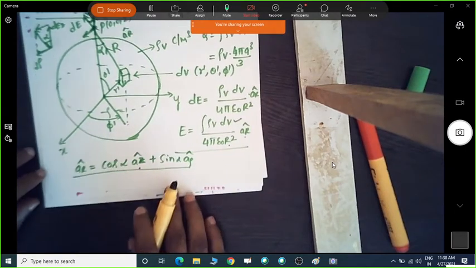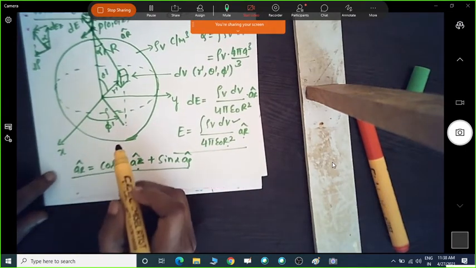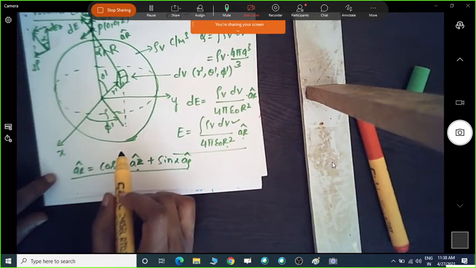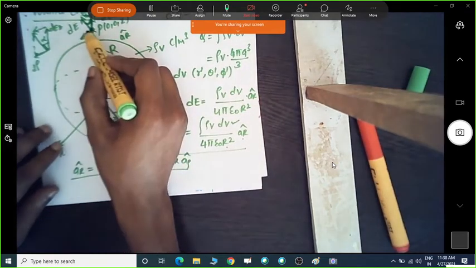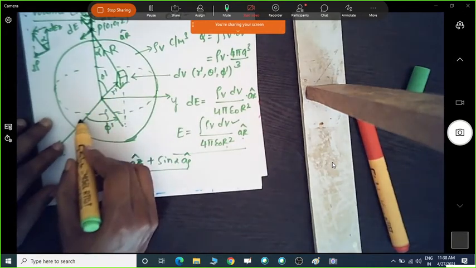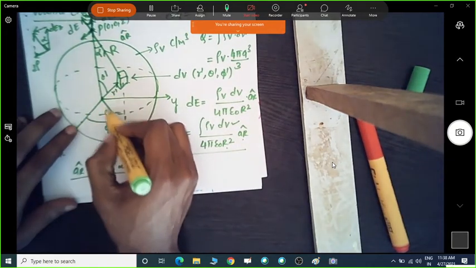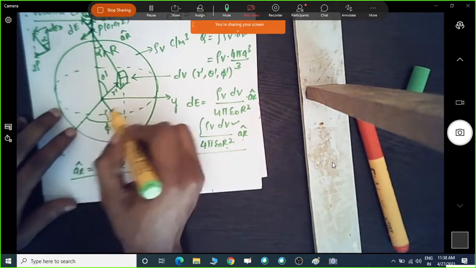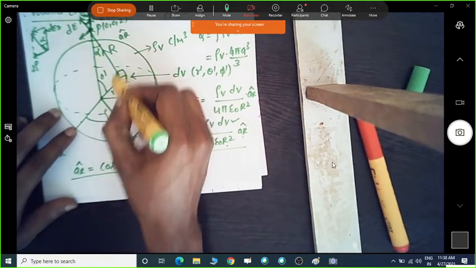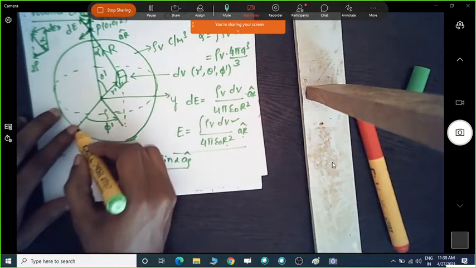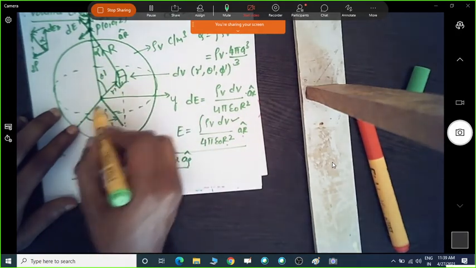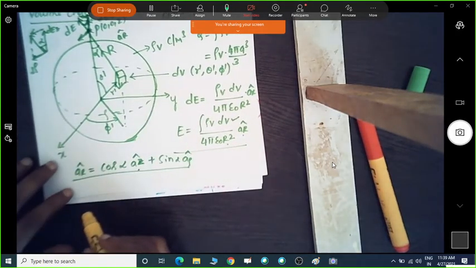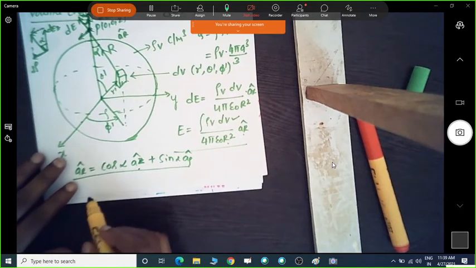Now you can see, owing to the symmetry of the charge distribution or charge configuration, if I take one more volume element here, the E rho component will cancel each other, since they are in opposite directions. So we don't have any rho component, or even xy component.